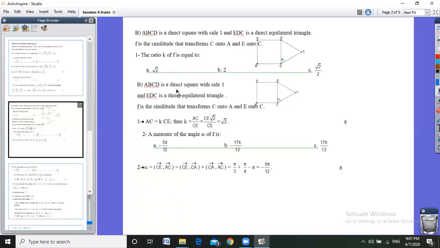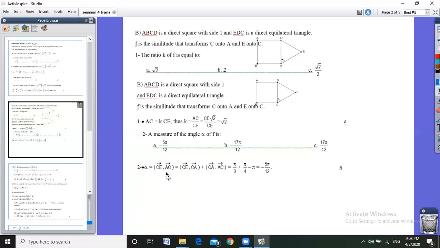Okay? Now, a measure alpha of F. To find the measure alpha of F, alpha equals the angle (CE, AC) mod 2 pi.